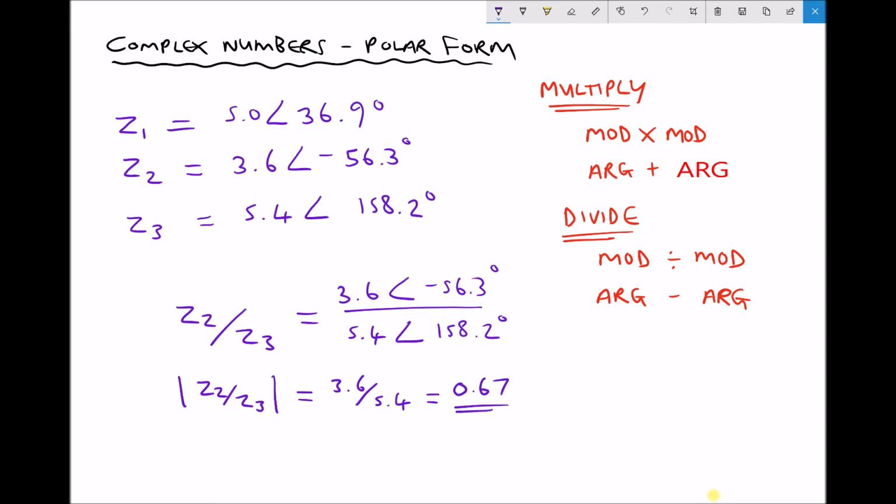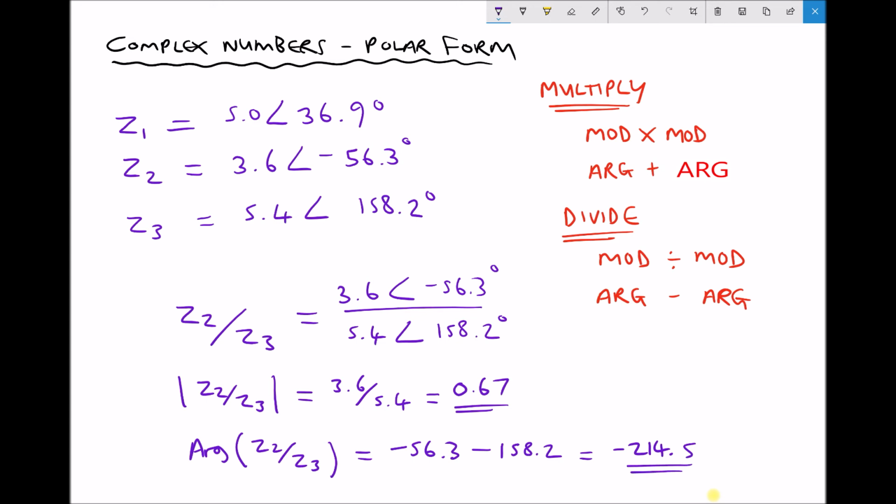For the angle, we need to subtract 158.2 from minus 56.3. So we can write the argument of Z2 over Z3 equals the argument on top of the fraction, minus 56.3, minus 158.2, giving us an answer of minus 214.5.